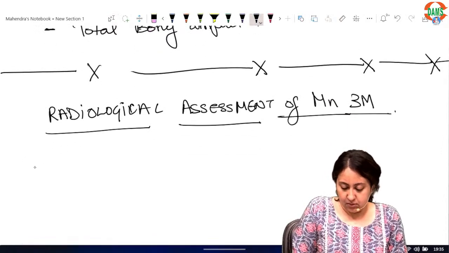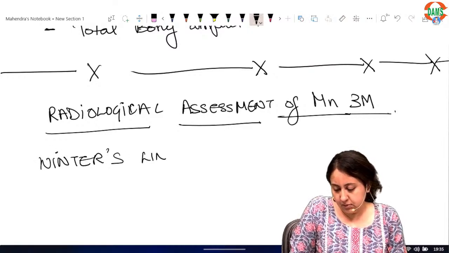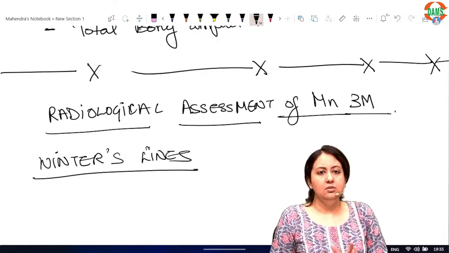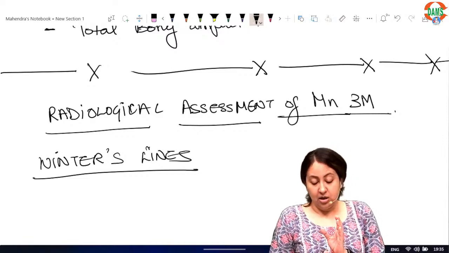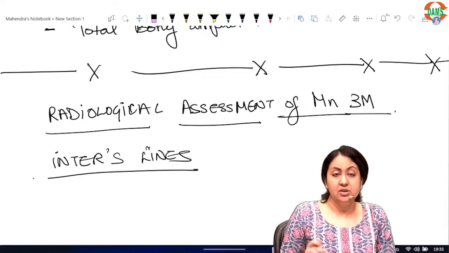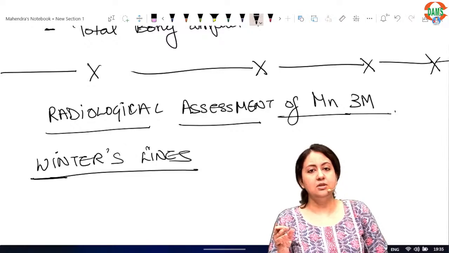Now, there is something known as Winter's lines. Again, I will draw diagrams. Just remember the diagram. There is no need to take any stress on how to remember this. Make notes of this.